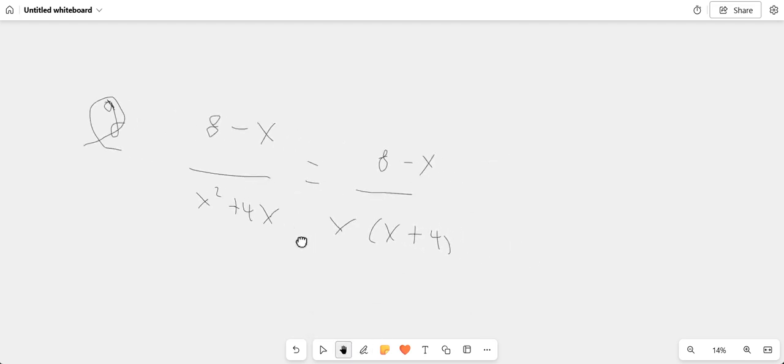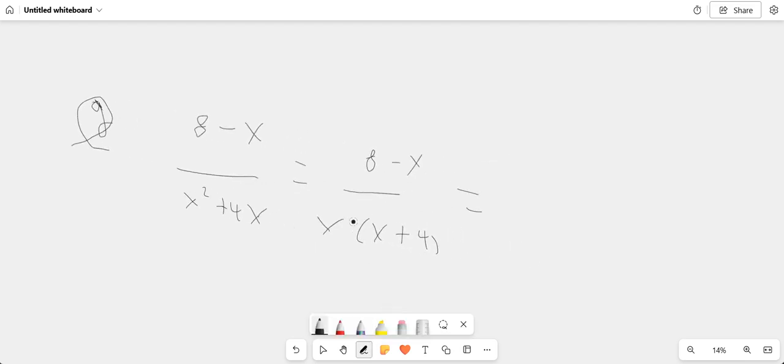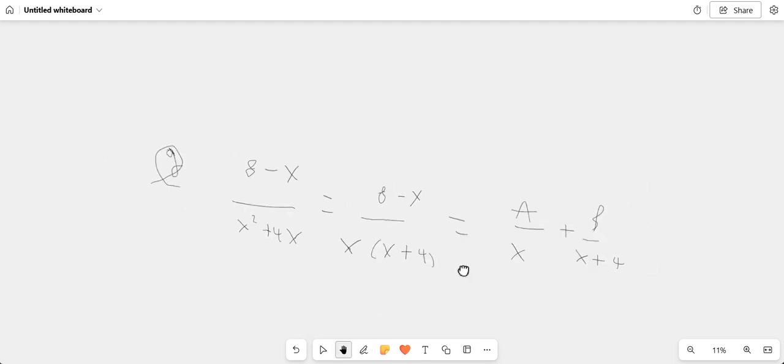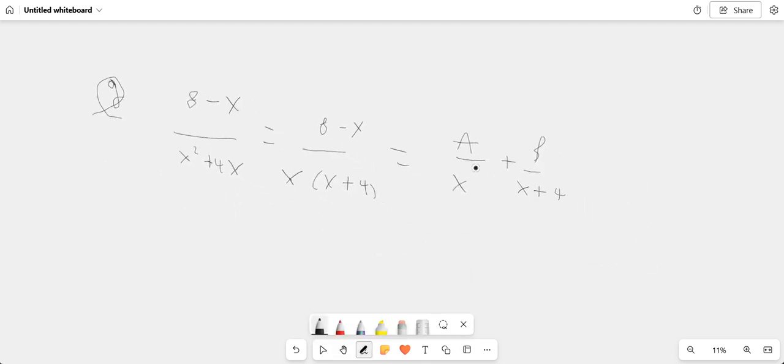That's equal to a over the first one, so a over x plus b over x plus 4. And then obviously we're going to combine it.